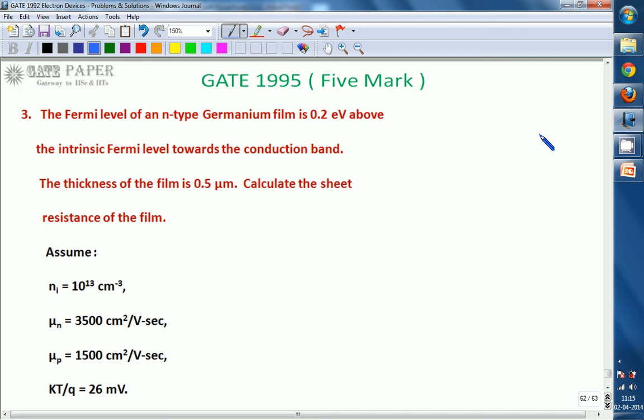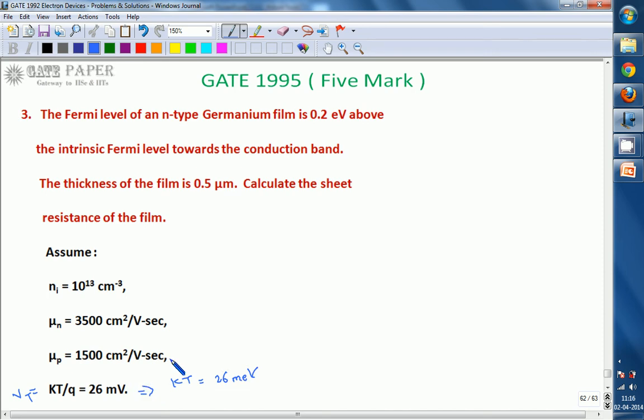Assume Ni is 10 power 13 per centimeter cube. Mu n value is given, mu p value is given, and kT by q, which is nothing but Vt, is also given as 26 millivolts. From this we can write kT is equal to 26 milli electron volts.